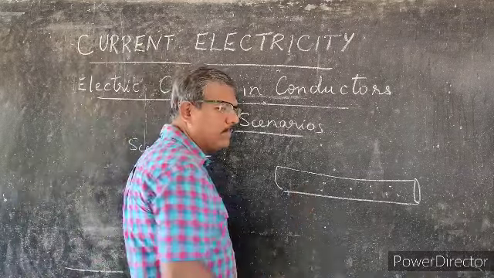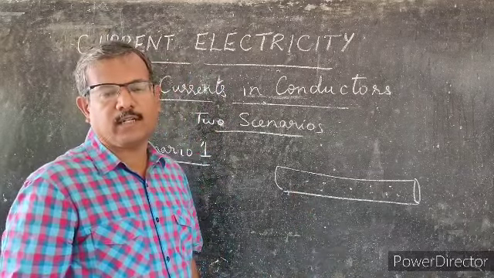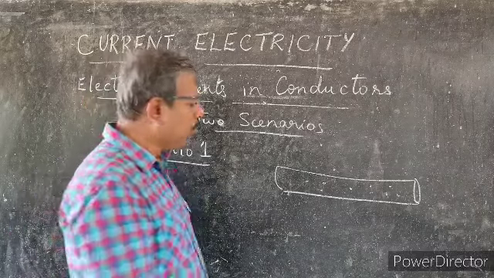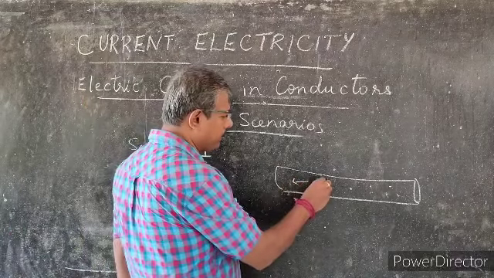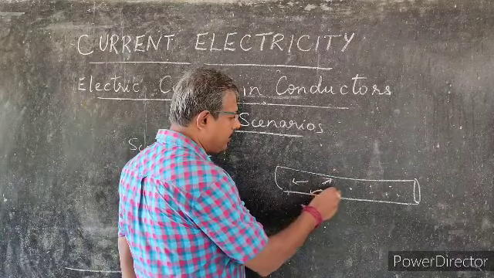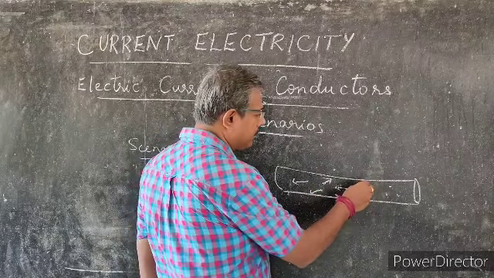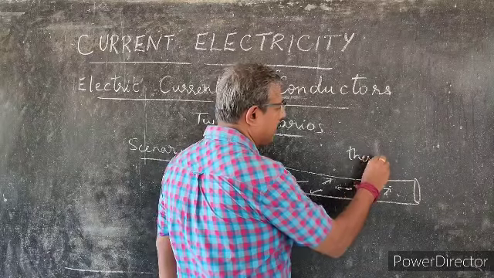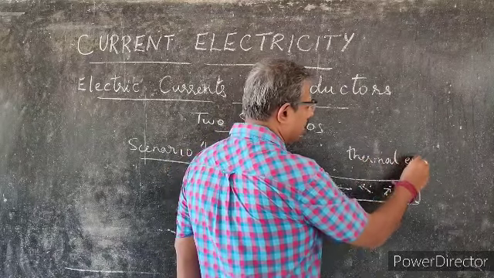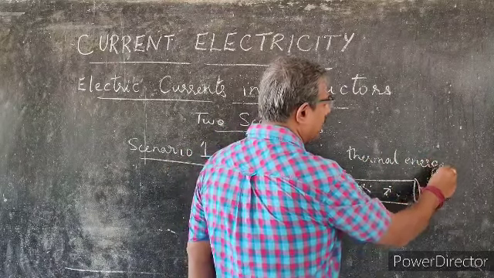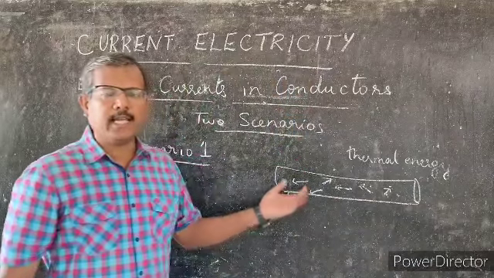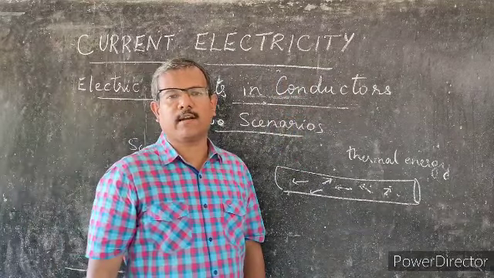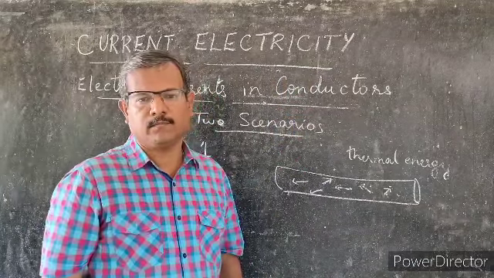And why are they moving? They are not moving due to the presence of an electric field, rather they are moving due to thermal energy. They are moving due to the thermal energy gathered from the surroundings. So each electron is moving in a randomized direction.